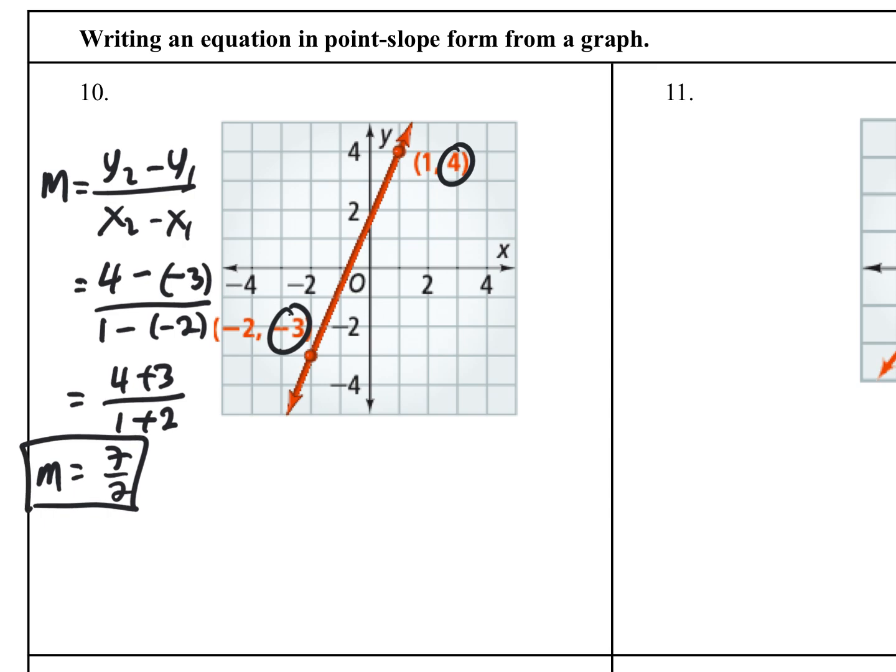Now let's just get 1 point. Maybe I'm going to get the first point in here below. So y minus y1 is equal to m times x minus x1.